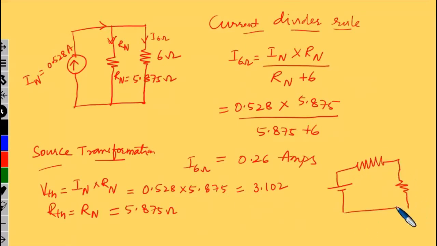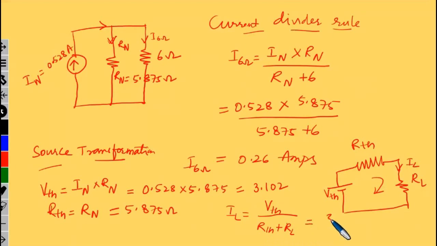I'm just drawing it. This is your R Thevenin, this is your V Thevenin, this is your load resistor. The current flowing through the load IL is equal to V Thevenin divided by R Thevenin plus RL.